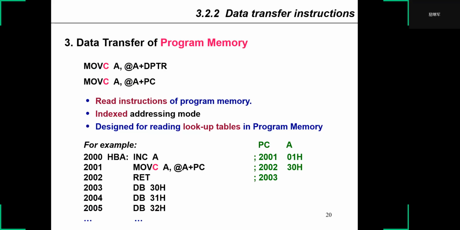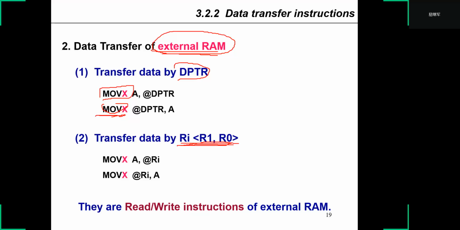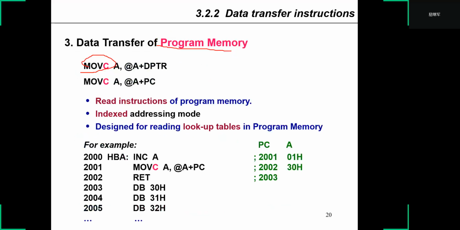Data transfer of program memory is MOVC. This MOVX is for external RAM. This is for ROM.